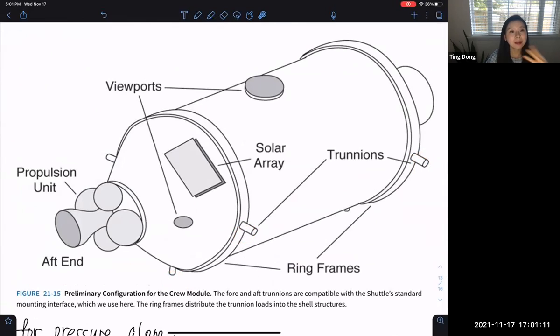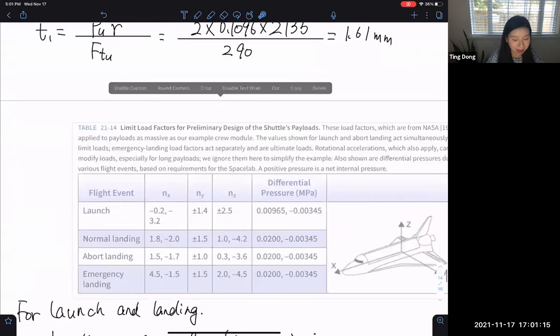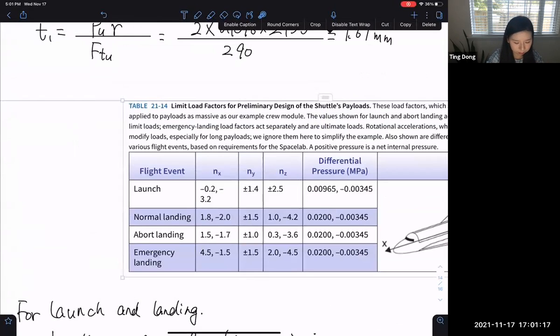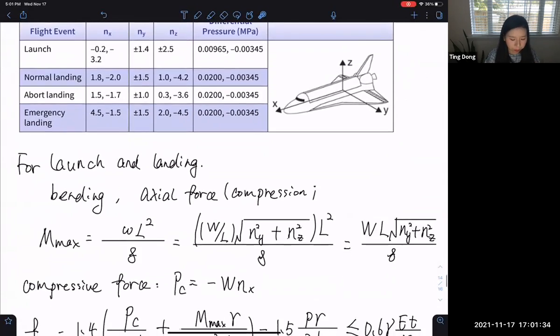So we should expect that the crew module has the same load factor, as listed here. We use this load factor to consider what the maximum compressive stress in our crew module is under this load.